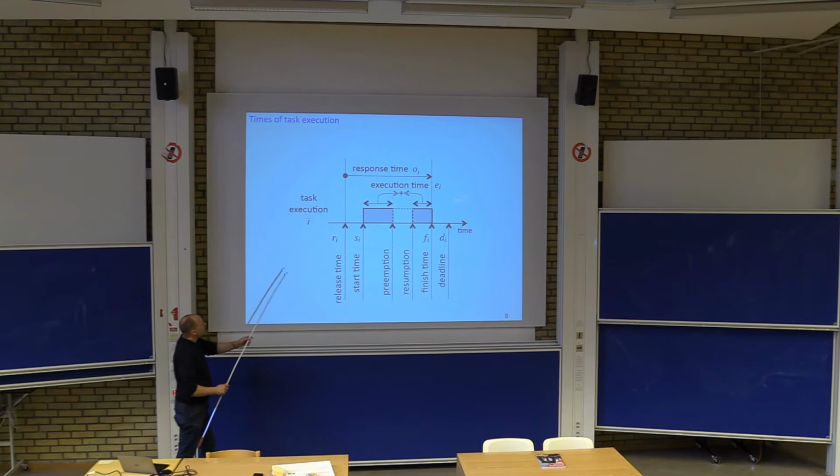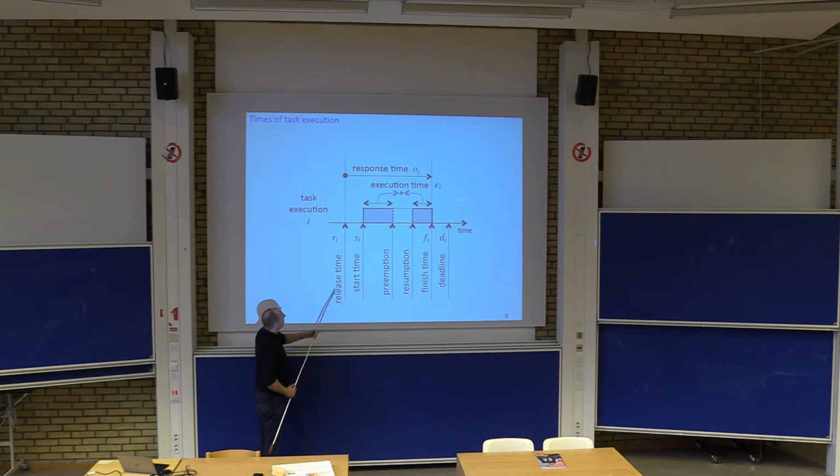So the first term is the release time. The release time is the first time, and we talk about periodic tasks now, which typically control tasks are. So we should execute periodically. So the release time is the first time when a task is ready to execute, at every period. Now it might be that it doesn't actually start to execute as soon as it becomes ready.